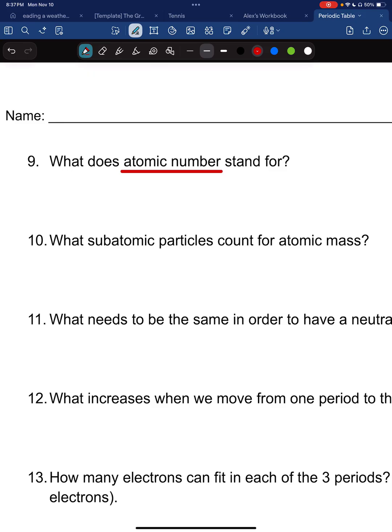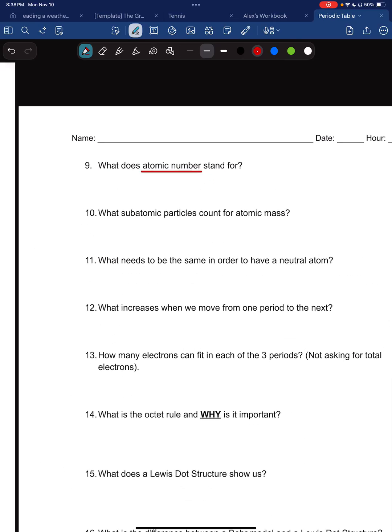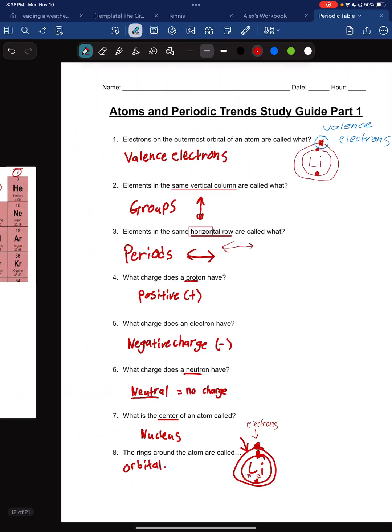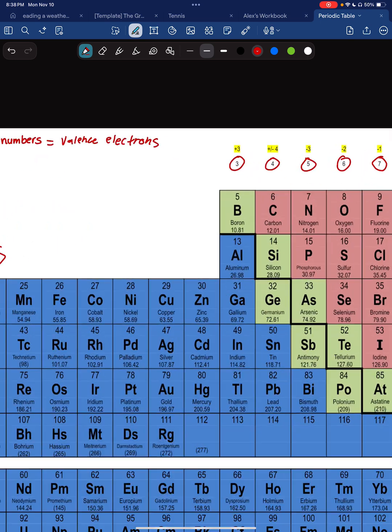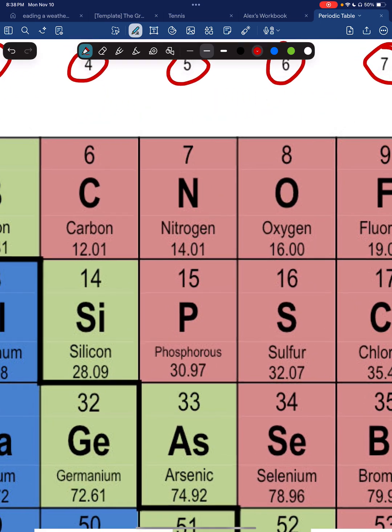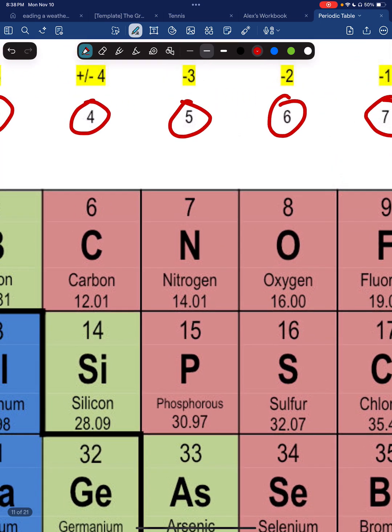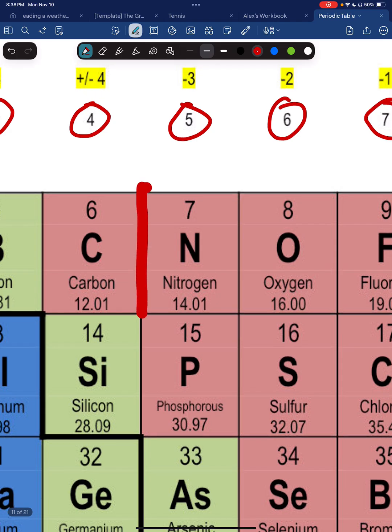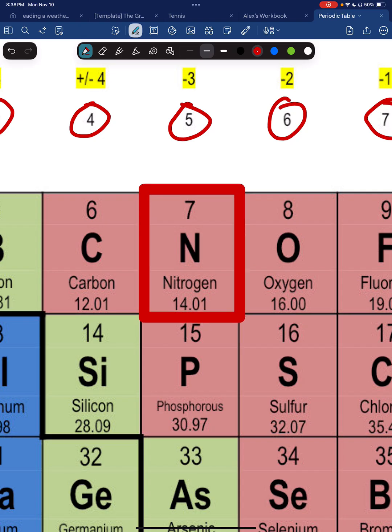So let's go back to our periodic table before we get into that. Now we're going to look into nitrogen here. So here is nitrogen, and I boxed it in its element square.